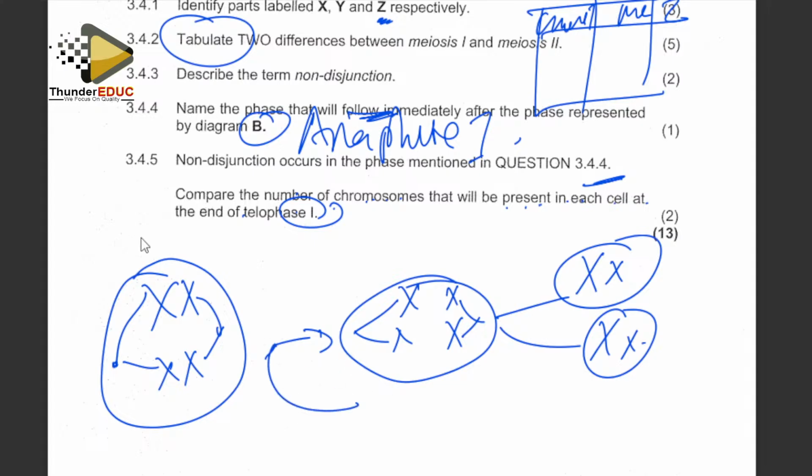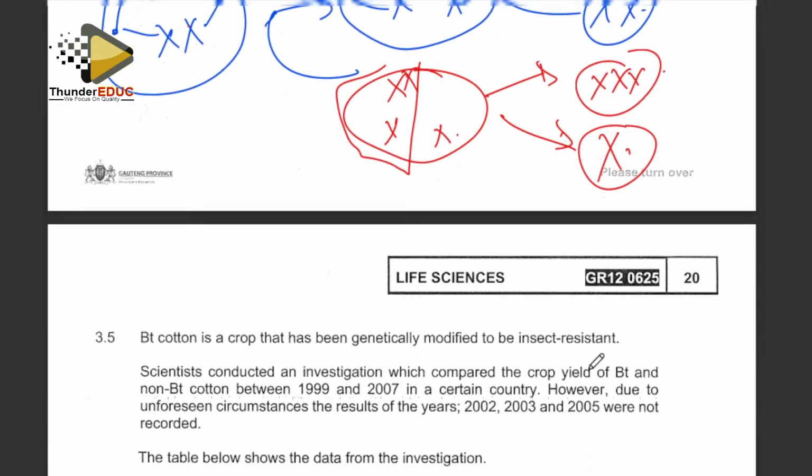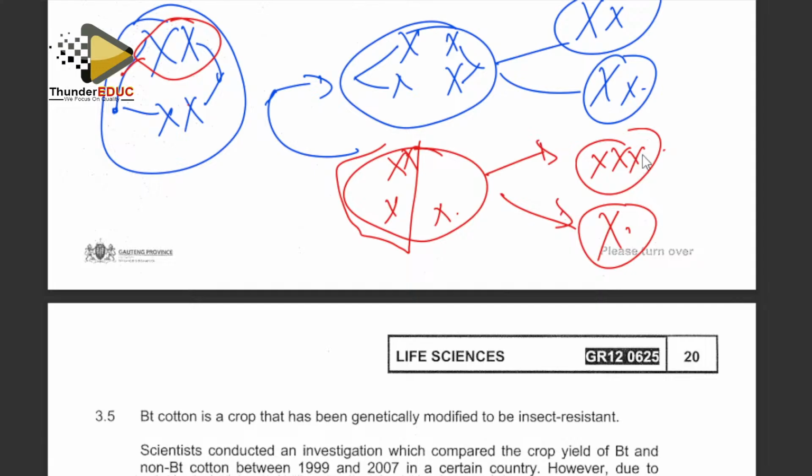But because non-disjunction has happened, 2 of them are going to move in one direction, and this one is going to split. Whereby one cell is going to have 3 chromosomes, and this one is going to have 1 chromosome. But this will be at the end of telophase 1. At the end of telophase 2, these chromosomes are supposed to be unreplicated. This one is going to have 3 of them, while this one is going to have 1 of them.